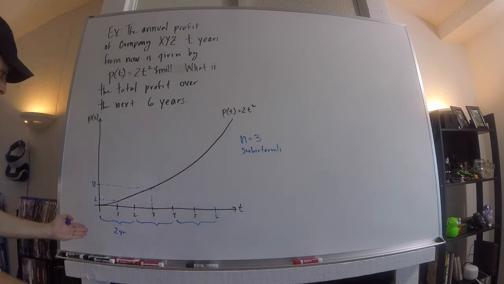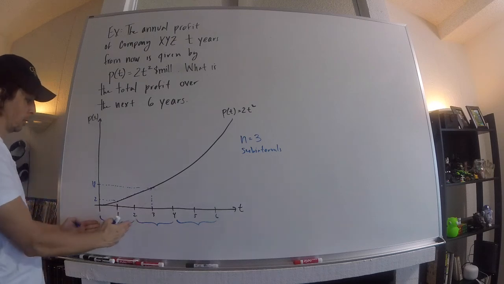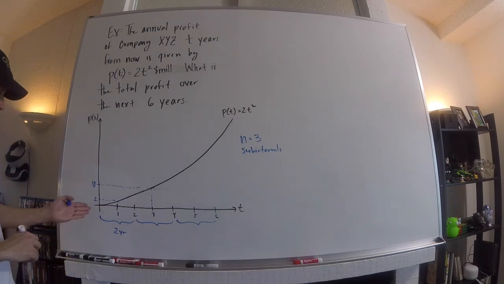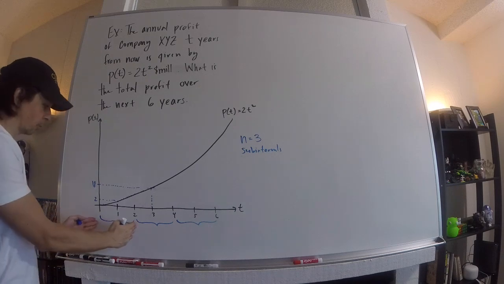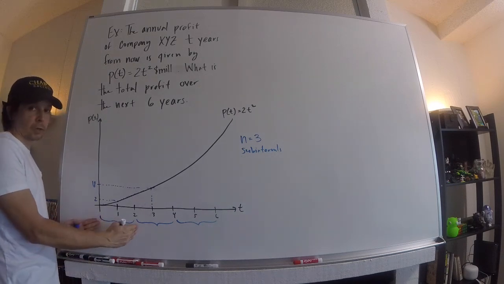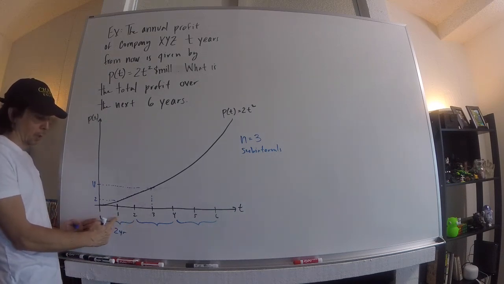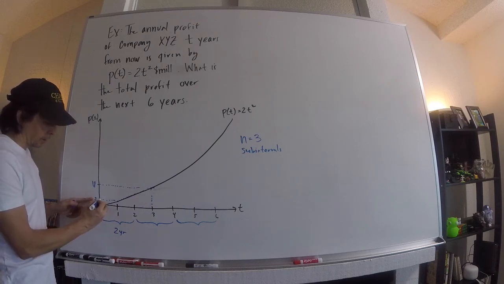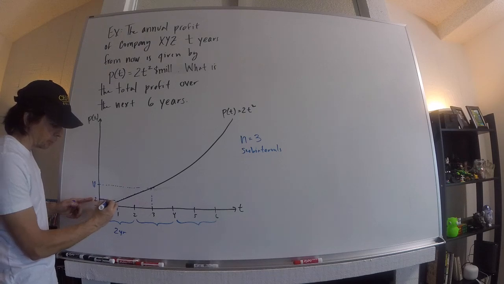The idea is, within that span of the first 2 years, I want to get an estimate, or I just want to use some fixed number, some annual profit. You can use different ones, but one of the common things to do is the midpoint. So in the first 2 years, the midpoint of that time span is 1, and so we can use right here, this 2. We're going to pretend that over this span, they're making this constant rate of 2 million per year.